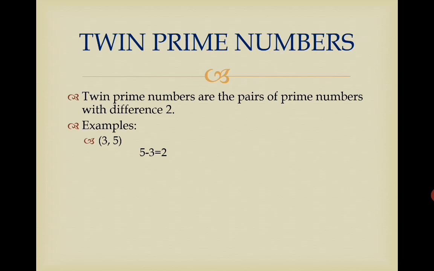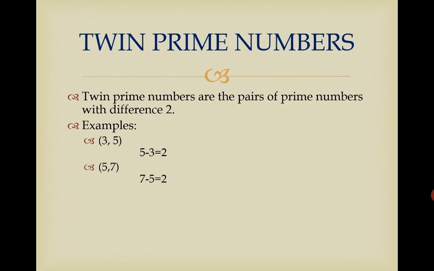Always remember, for co-prime it was not necessary that they be prime numbers, but for twin primes they have to be prime numbers. So you subtract and find the difference between the two prime numbers. The answer has to be 2. So they are twin prime numbers.